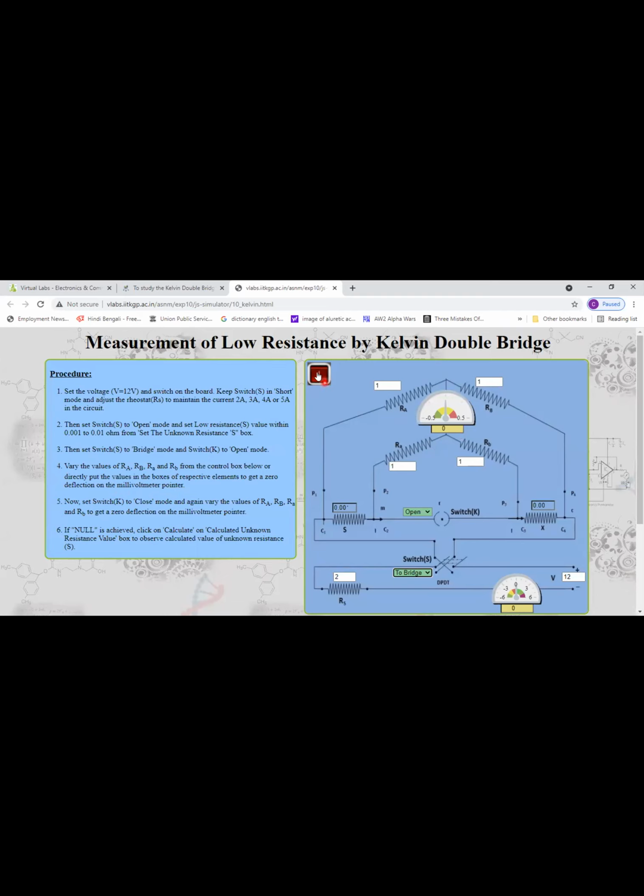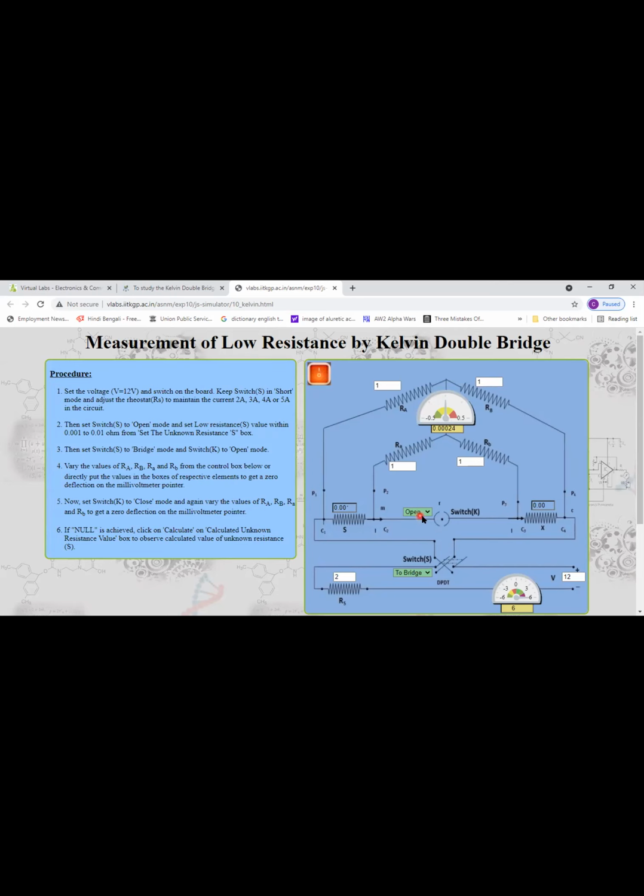Now set the switch K to close mode, or again vary small RA and small RB to get the zero deflection. If null is achieved, click on calculate and calculate the unknown resistance value. Before all of this, it does not mention that you have to power on, so we are going to the power on mode.